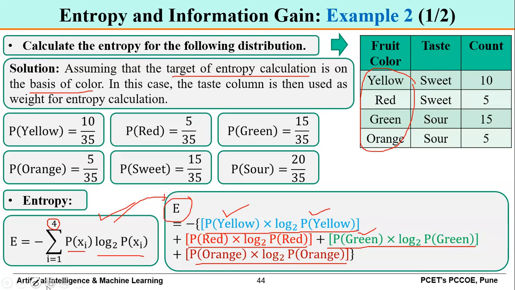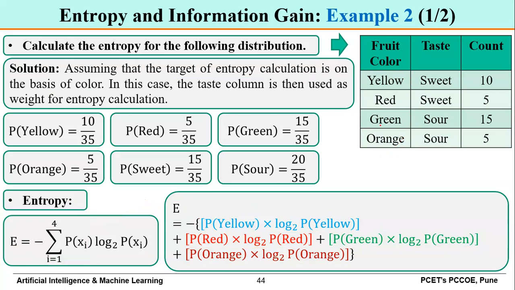But if we do this, then we are simply considering two columns, the first one is the fruit column and the last one is the count column. But the third parameter is also there, that is taste. So that parameter we also need to consider to calculate the final entropy.